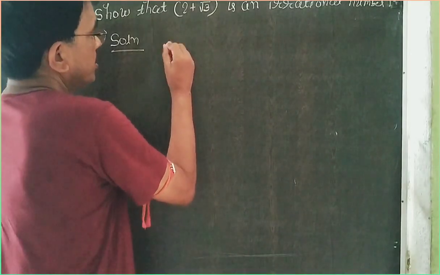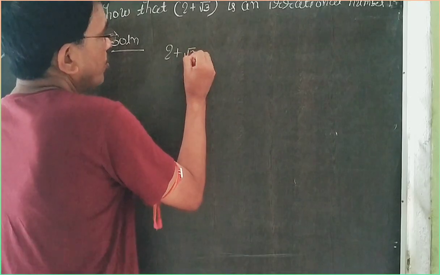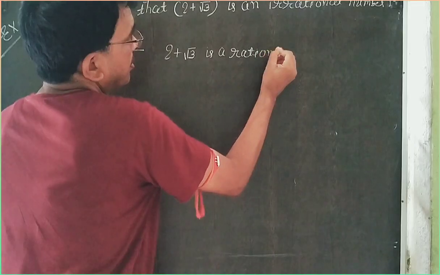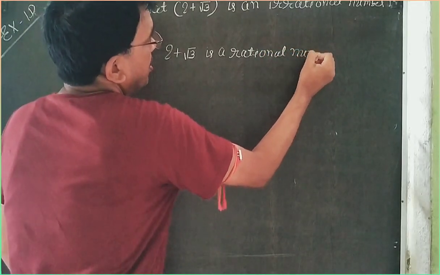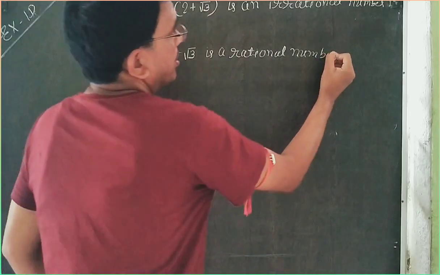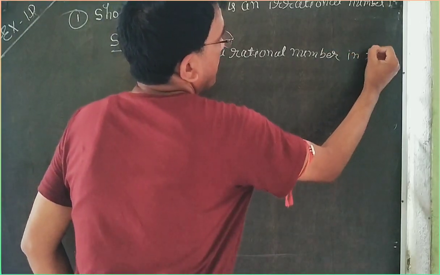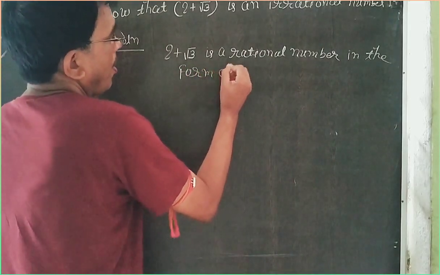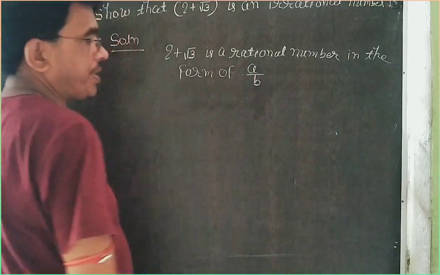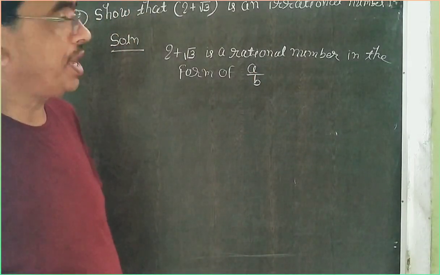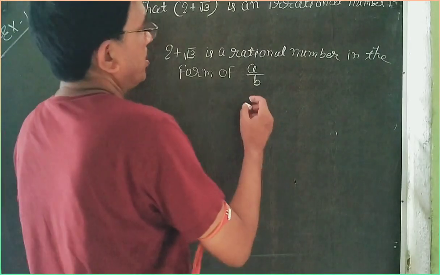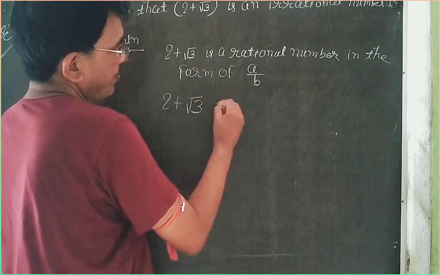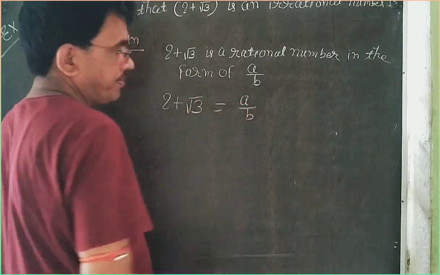Here we suppose 2 plus root 3 is a rational number in the form of a by b. So we write 2 plus root 3 is equal to a by b.